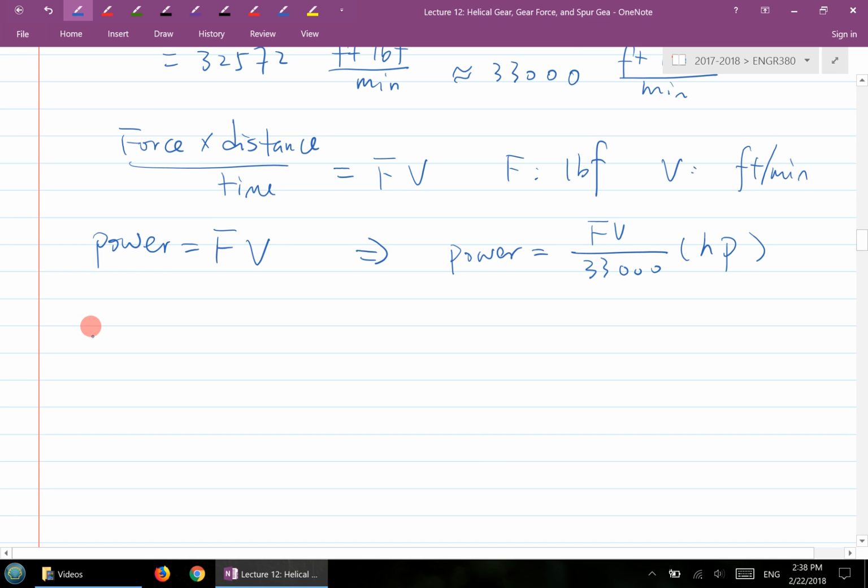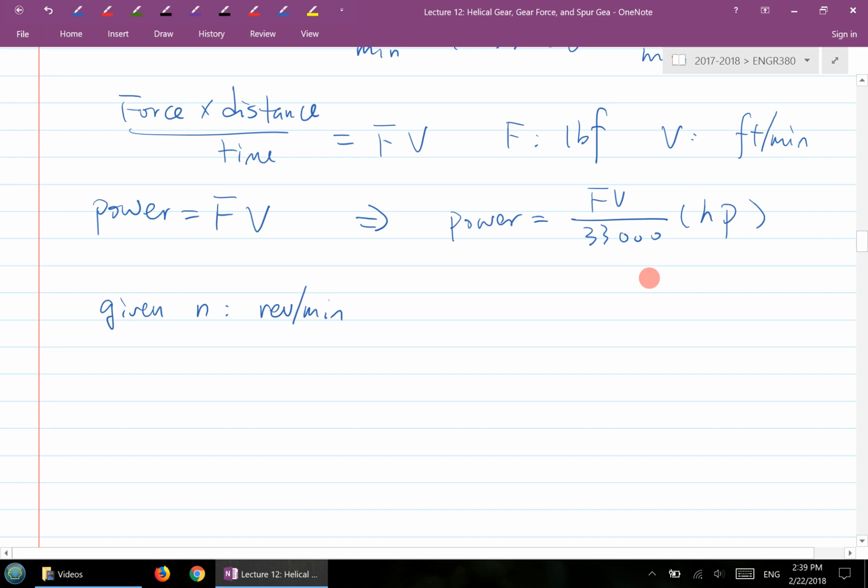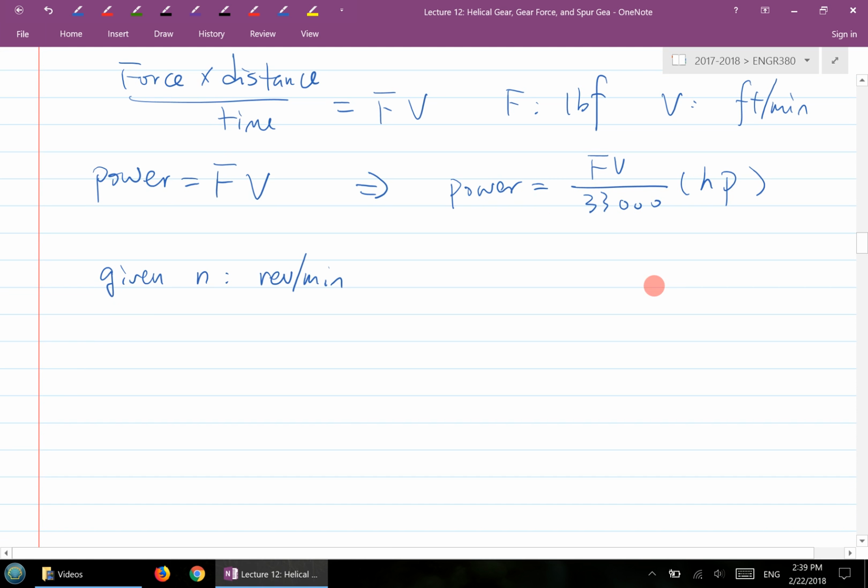So if what you're given is n, in revolutions per minute, sometimes that is what you're given, you can also derive your power. I skip some steps here. In that case, your power will be derived to be this much.